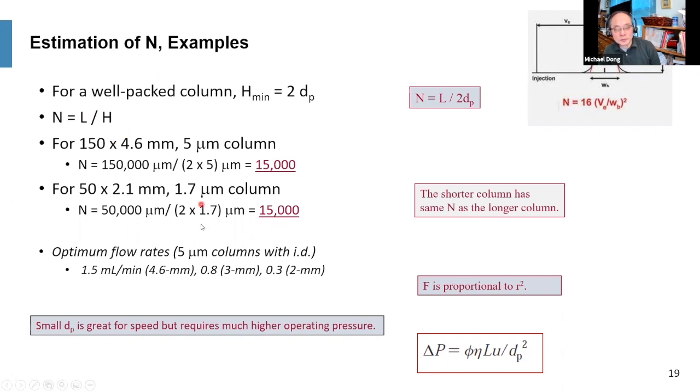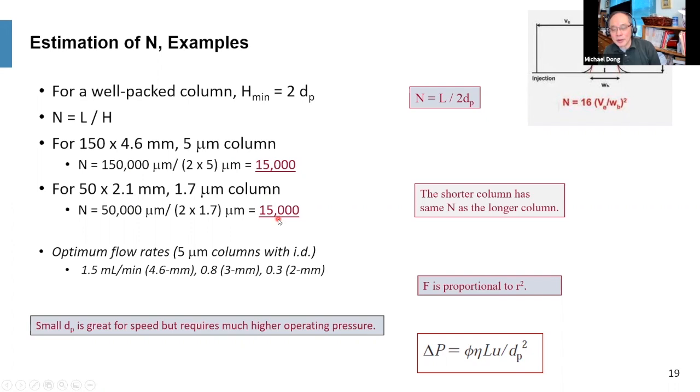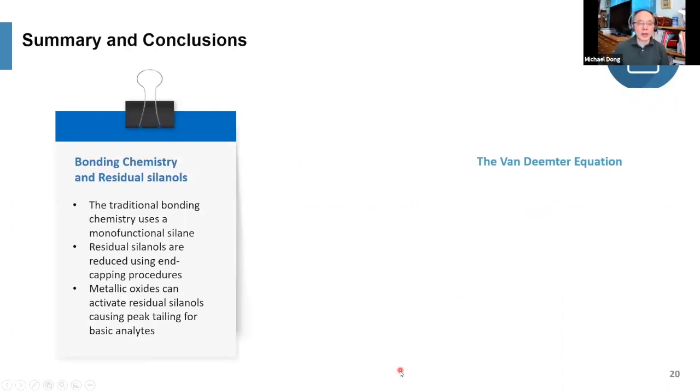But you can see that your analysis time is much faster, because the column length is only 5 centimeters. It gives you much faster analysis with high resolution. The problem is the pressure drop, right? The pressure drop between 5 and 3 is 9 times higher if you want to use the same flow rate.